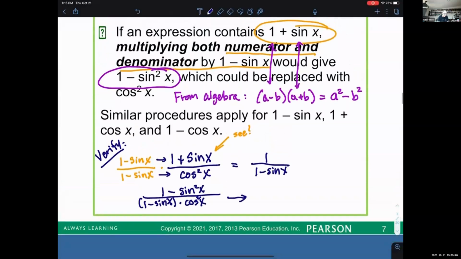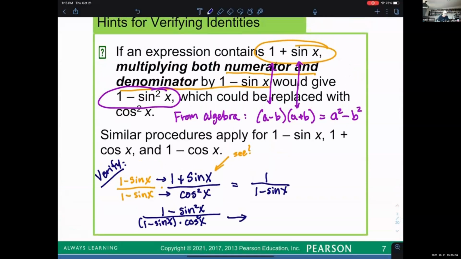So then they're saying, well, when you get this 1 minus sine squared x, that can be replaced with cosine squared x because of our Pythagorean trig identities in 5.1. Cosine squared x is equal to 1 minus sine squared x. So on the top where I have 1 minus sine squared x, I would now get cosine squared x.